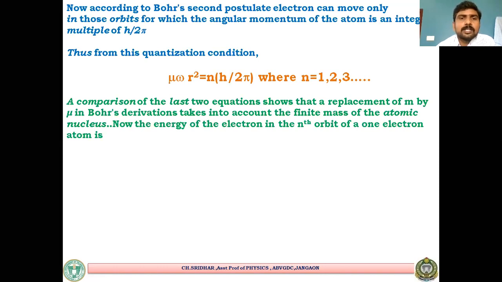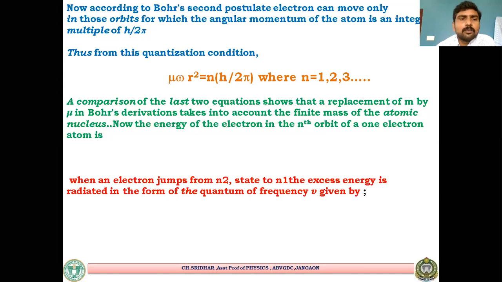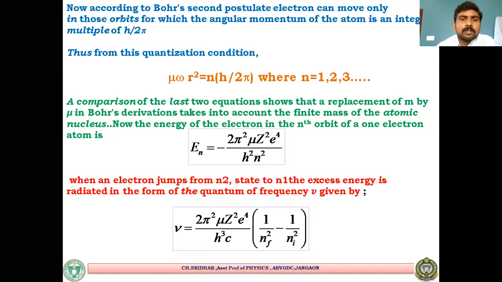So now the energy of the electron in the nth orbit of one electron atom is given by, when an electron jumps from n2 to state n1, the excess energy is radiated in the form of the quantum of frequency nu. So En is equal to 2 pi square mu z e square e to the power of 4 divided by h square n square.